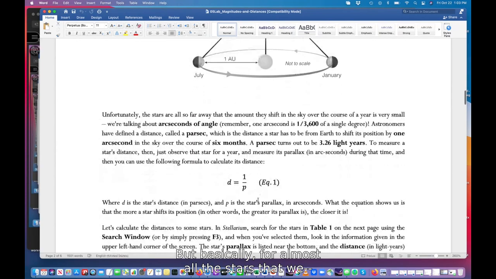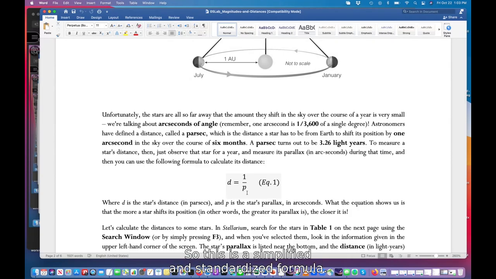But basically, for basically all the stars that we're going to work on, we can just use this very simple formula: 1 over the parallax angle, simply whatever it is that is measured and observed, take 1 over that, and that gives you the distance to the star, okay? And the key point to understand is this formula is simply written in this form, provided that the units are correct, okay?